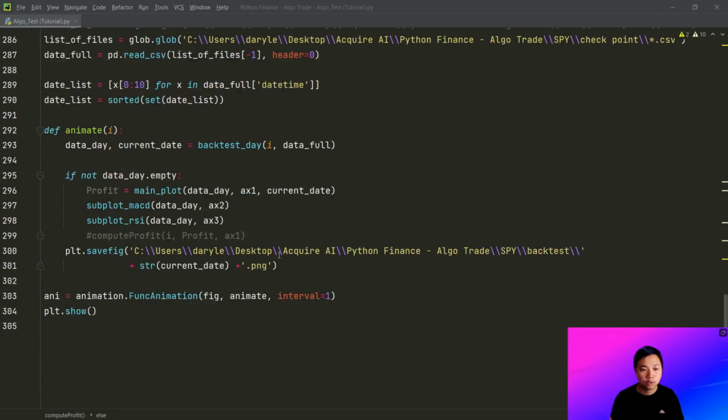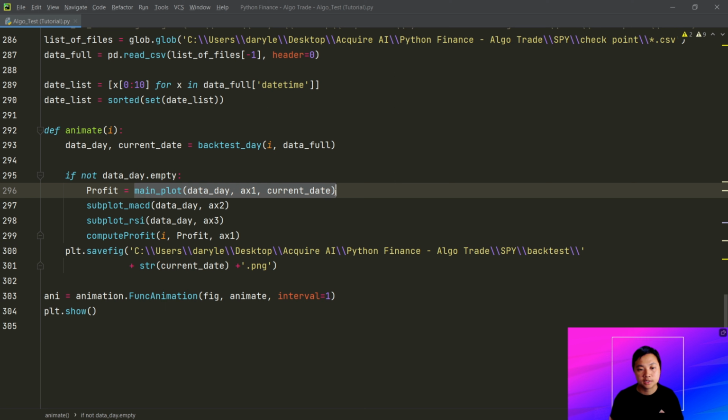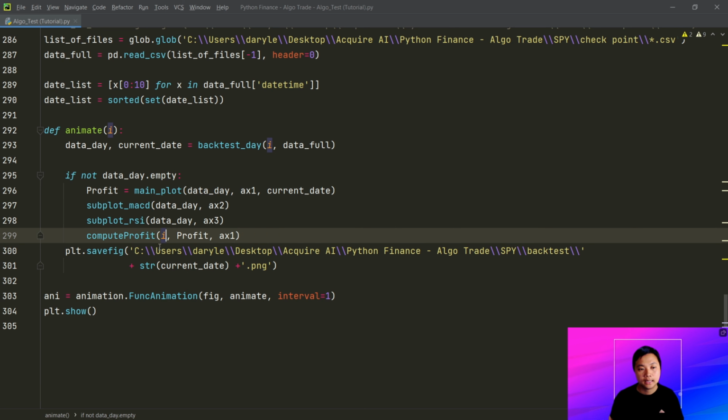And finally, what we need to do is comment this compute profit. There are three arguments that we pass into this compute profit. That includes the profit, that is the daily profit coming from this particular trading day, and then how many days we have done within this animation function, or you could consider it as how many backtests we've done so far.